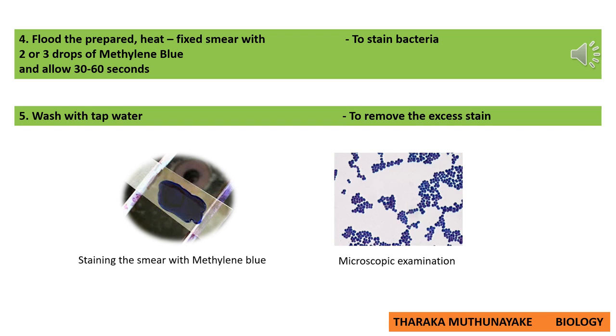Then after washing, blot the slide carefully and slowly and keep it aside until it is completely dry. After drying, you can observe it under the microscope. Then you can observe bacteria in blue color like this. The cell walls of bacteria are stained blue.